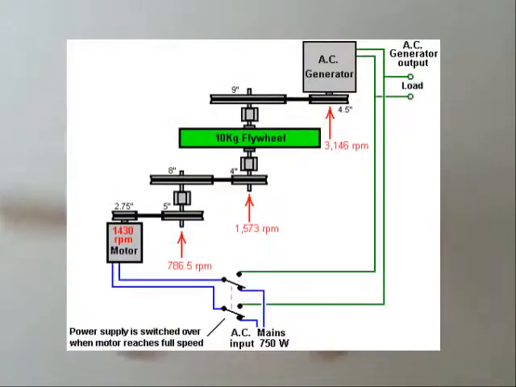But there's another situation. Let me start with the example. The example is this invention somebody came up with in Australia, in which he drives a generator with a motor, but he has belts connecting the two. And he may have more than one linkage.